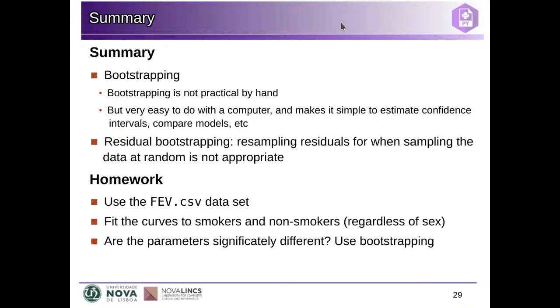So in that case, if you assume that the random errors are coming from the same distribution, you can just resample the residuals and create your replicas by resampling the residuals. So this is a very practical way of getting an estimate of the uncertainty of your parameters or some other statistics that you want to gather in your model.